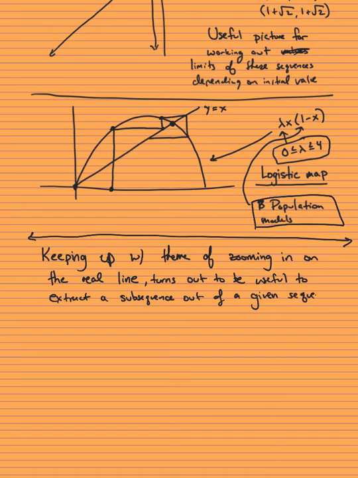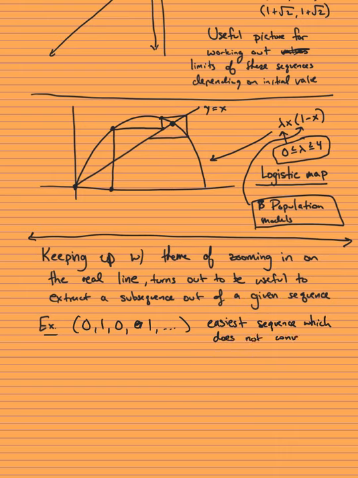Okay, so let me give you an example, and then we'll talk about it. So the example is the sequence 0, 1, 0, 1, 0, 1, and so on. This is the easiest sequence which does not converge.